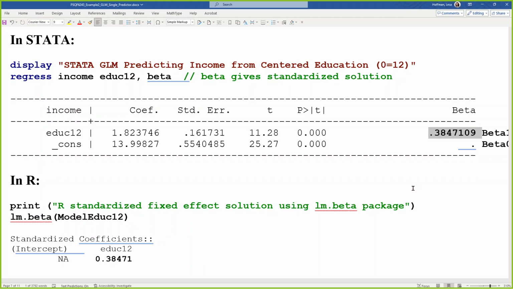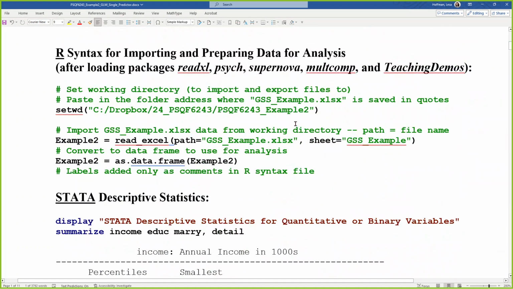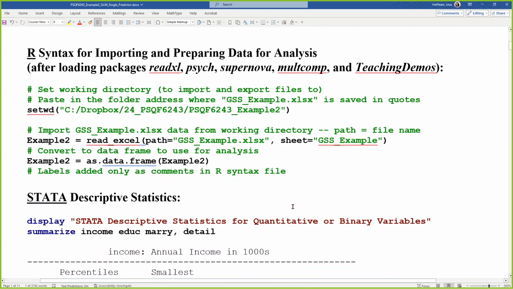Maybe, yes. Okay, excellent. Other things that we can talk about or review in terms of how to do stuff or why to do stuff. In the summarize command in Stata, is the y variable and then the x variable the correct order, outcome first?